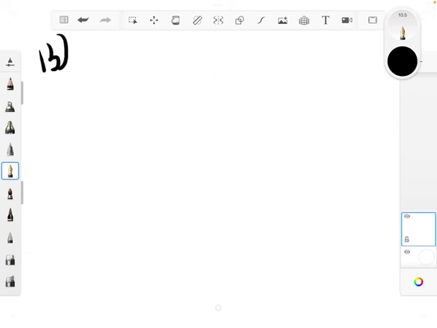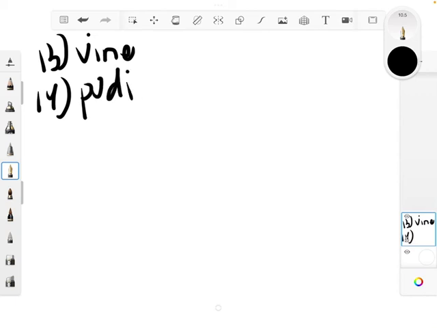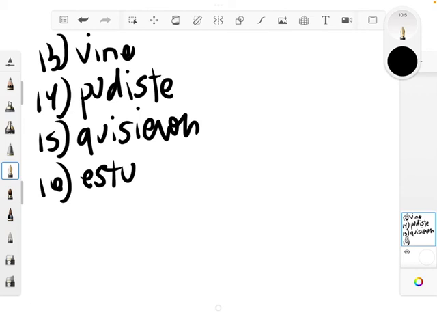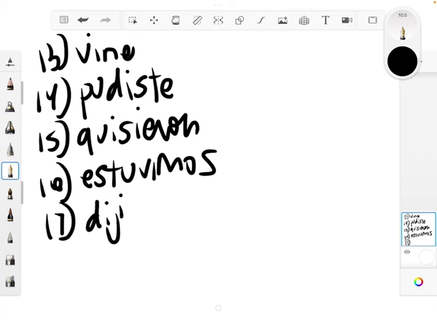Trece, yo vine. 14, tú pudiste. 15, ustedes quisieron. 16, nosotras estuvimos. 17, tú dijiste. 18, ellos supieron.